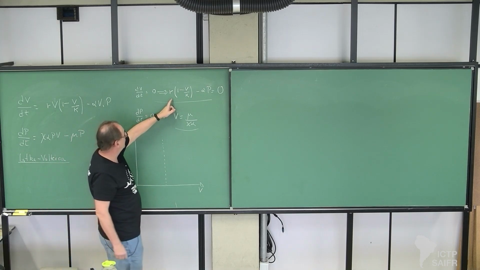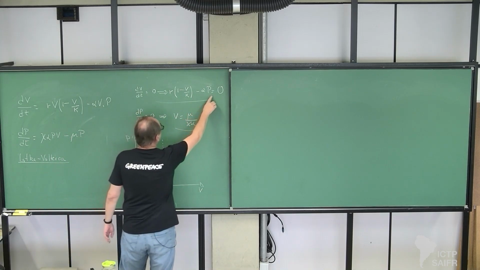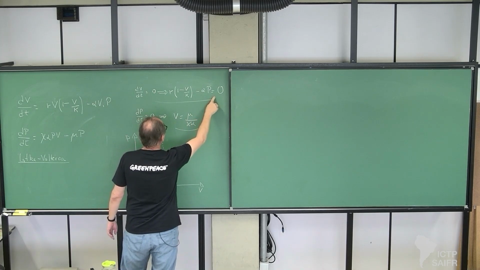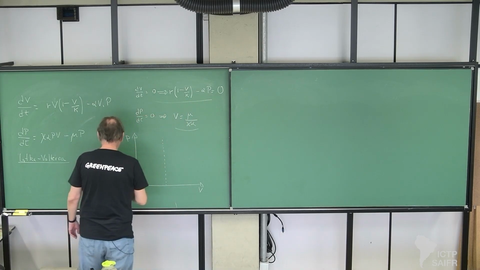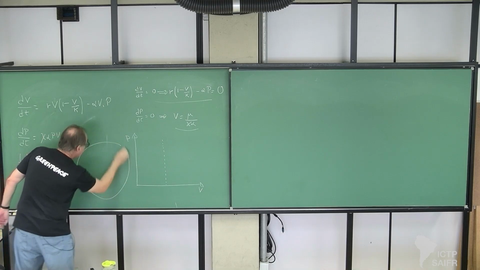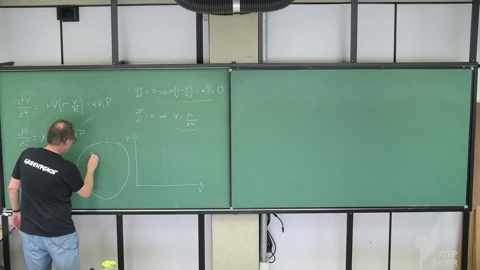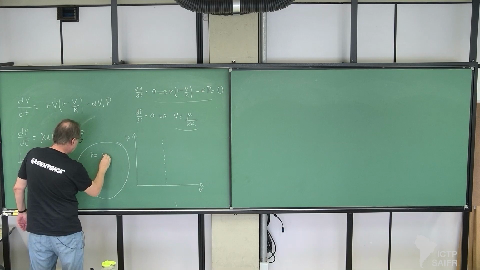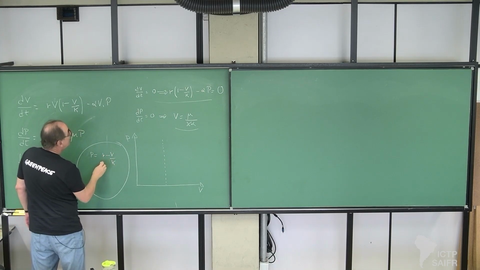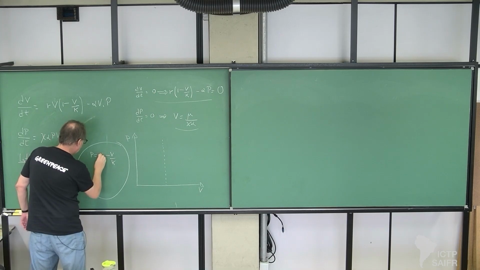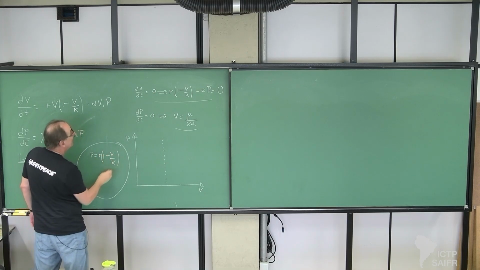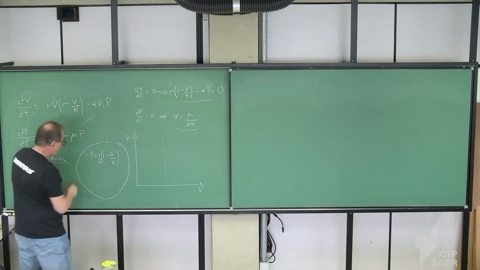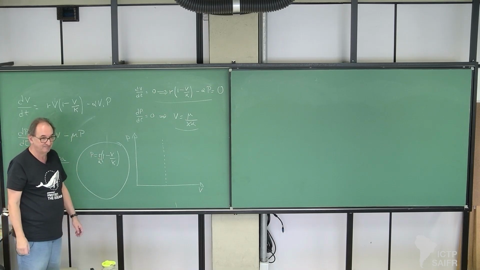Now here, this would say that P is equal to r times (1 minus V over K), divided by alpha. So this is a straight line. Okay?